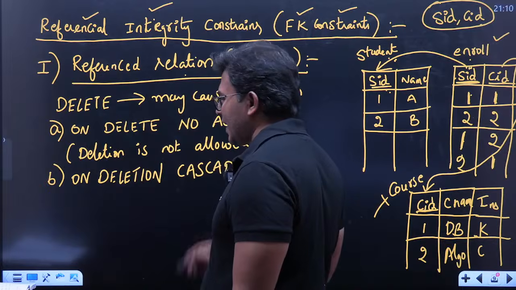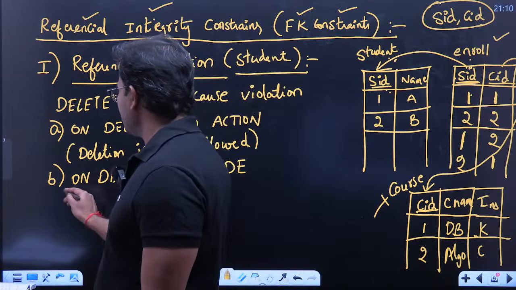On deletion cascade. What does that mean?